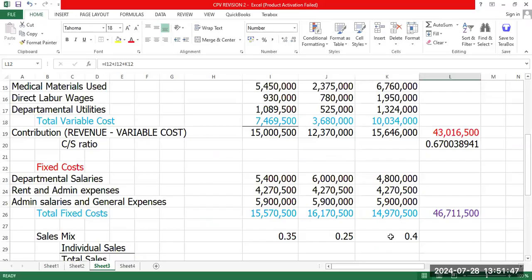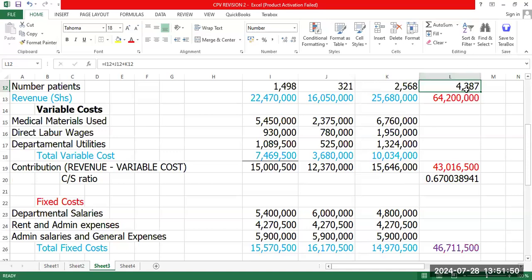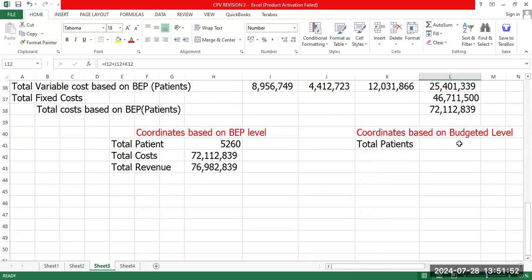We will not use this. We will use 6,000, isn't it? Then what else do you need? Budgeted total revenue.